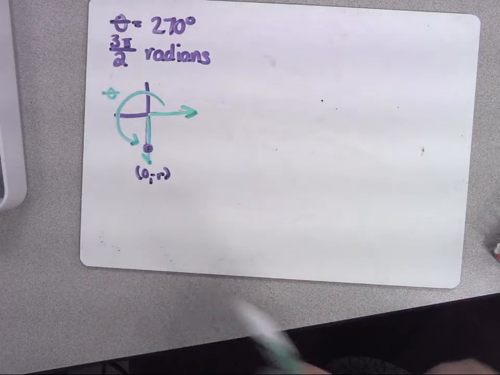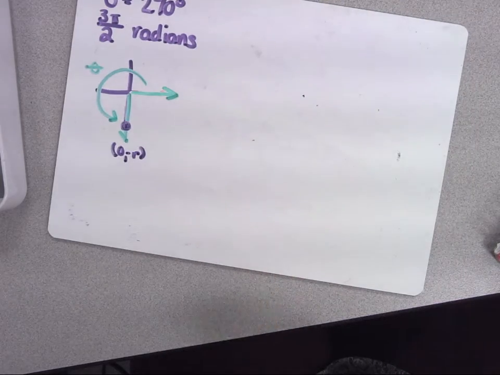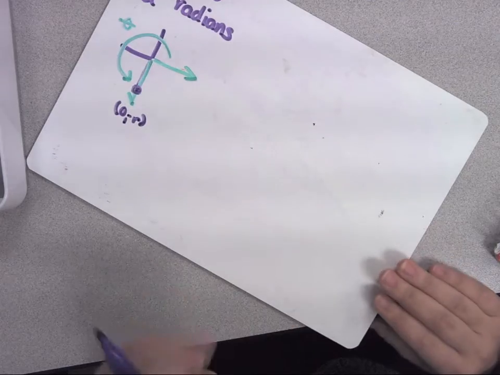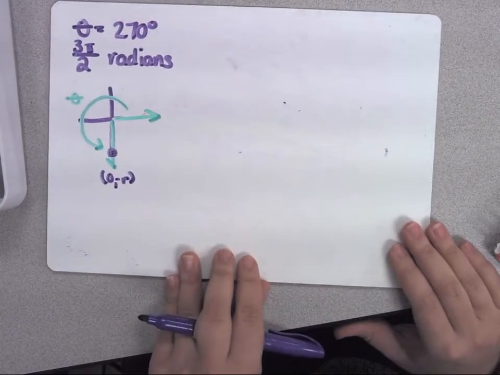Okay, so now we're going to do that. It's just like what we already learned. We're just now doing the terminal sides. We're going to do the same thing we just did, still finding the 6 trig functions. Okay?